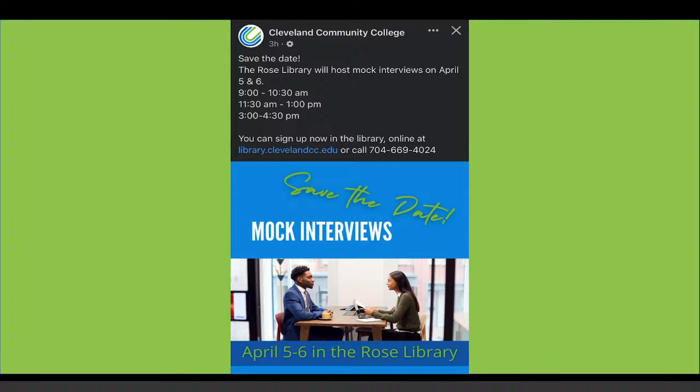You can see here they have 3 different times during the day: 9 a.m. to 10:30 a.m., 11:30 a.m. to 1 p.m., and 3 o'clock p.m. to 4:30 p.m. I believe you can choose to schedule whether you do a one-on-one interview or an interview with a panel where you're interviewing with multiple people. So you can get practice in either one of those areas. And you can register for it on the library website or by calling the library.